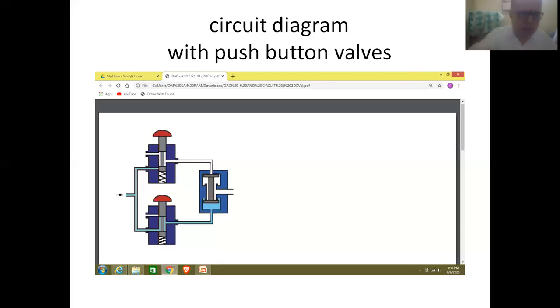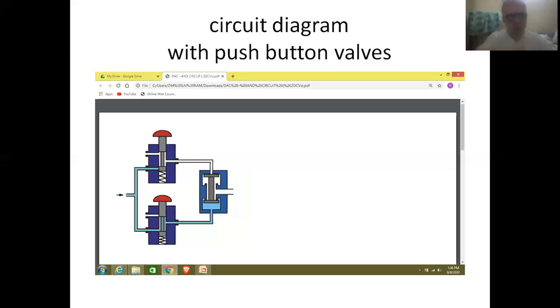Similarly, the inlet of this valve is fitted to the pipeline coming from the supply source. The outlet is fitted to the pipeline entering the second port of the cylinder, or right hand side of the piston. Similarly, the exhaust of this valve is also connected to the pipeline going into the atmosphere.